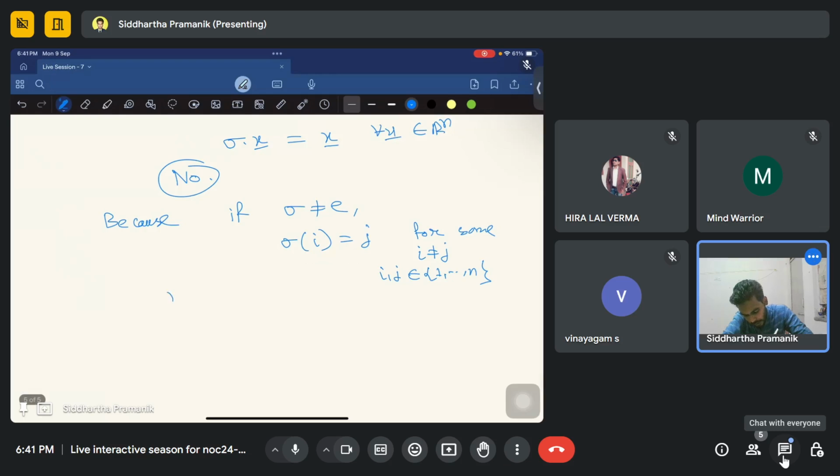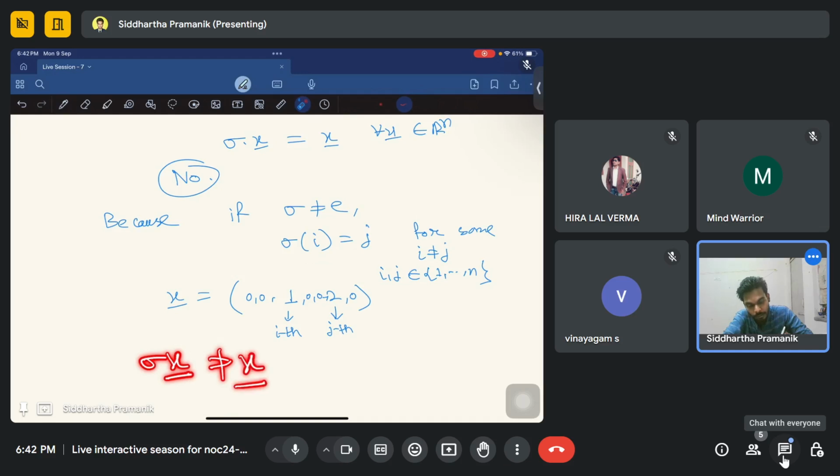So you just take x equal to some 1 and here some 2, where 1 is the ith coordinate and 2 is the jth coordinate, and for the rest of the coordinates you can take anything. So let's take 0. Then what is sigma of x? Is it equal to x? It is not, right?